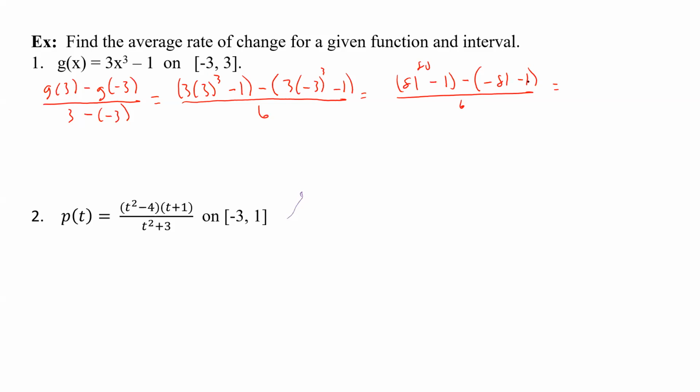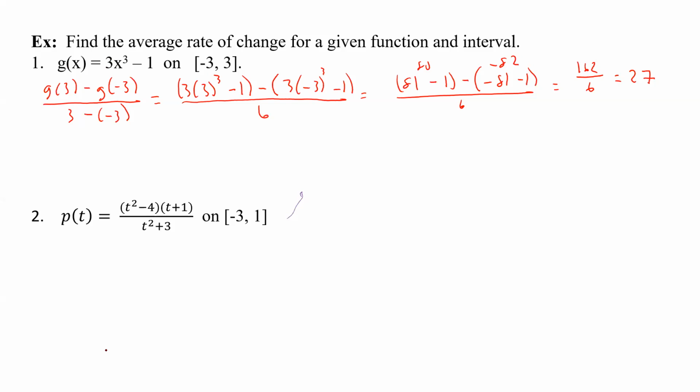Negative 81 minus 1 more is a negative 82. But remember, it's this minus this, so that really becomes plus. So 80 plus 82 is 162 over 6. And if we divide out, 6 goes in there 27 times. So that's going to be our rate of change for going from negative 3 to 3 on the interval for this function here.